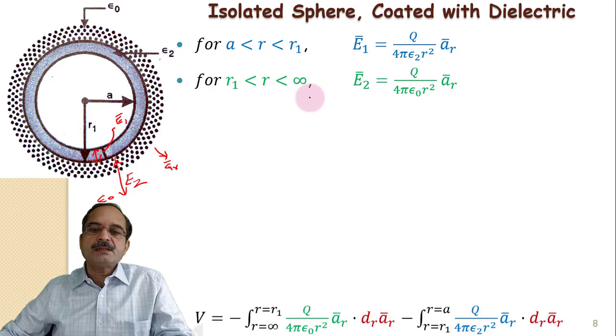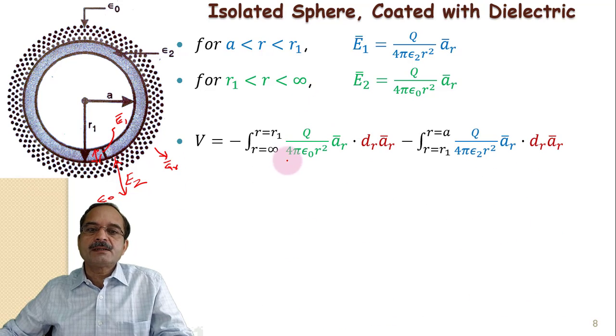Now substituting this E1 and E2 here, this is E2 and this is E1 and this is dl, that is the differential length in spherical coordinates.